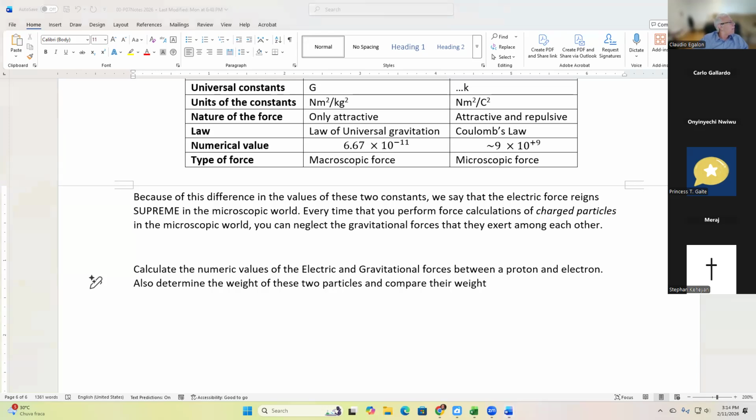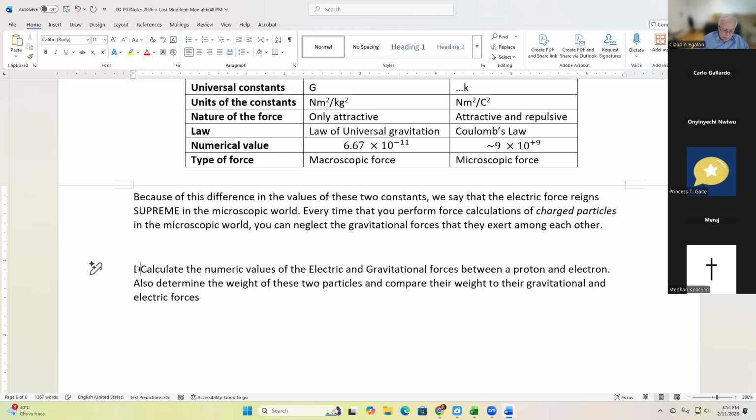Also, determine the weight of these two particles and compare their weight to their gravitational and electric forces. Can you do that? Let's see what we can do here. For the first case, do the following.